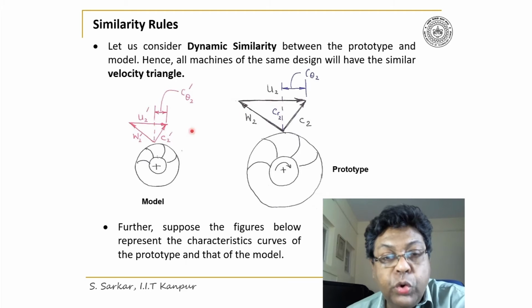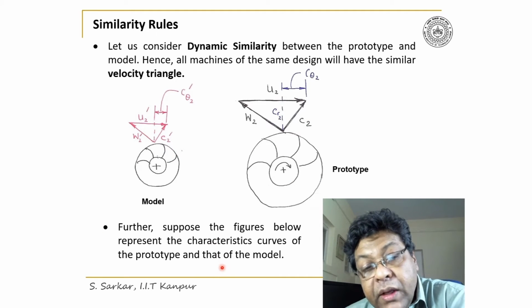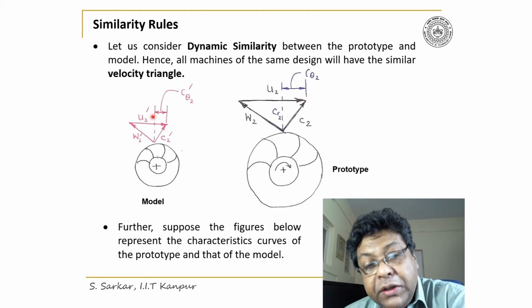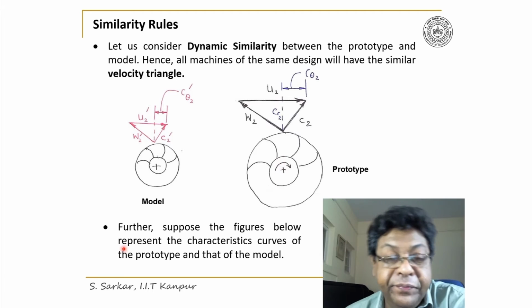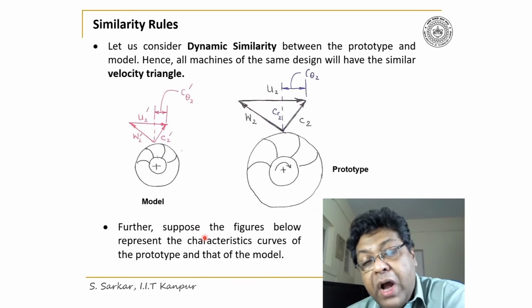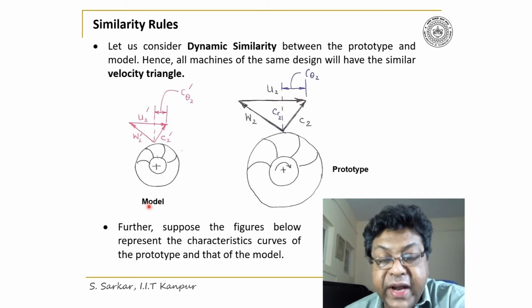That is, u2 by u2 dash is equal to w2 by w2 dash and c2 divided by c2 dash. Furthermore, the corresponding angles between the two triangles must be same. That means beta 2 must be equal to beta 2 dash and alpha 2 must be equal to alpha 2 dash. So thus they are similar triangles.